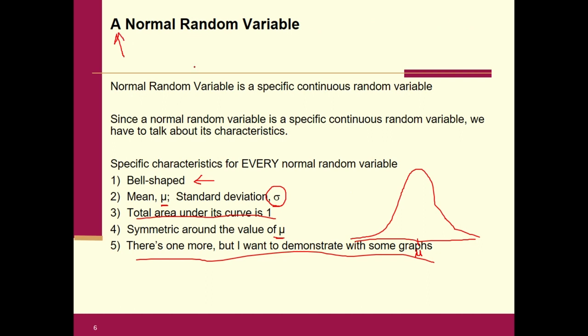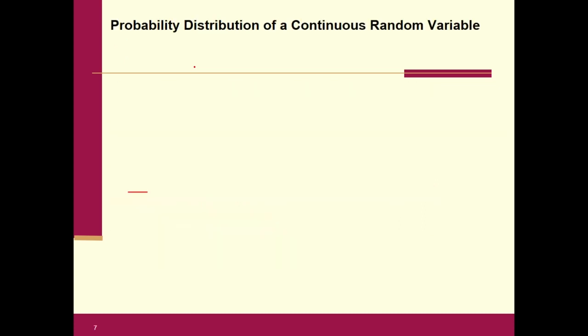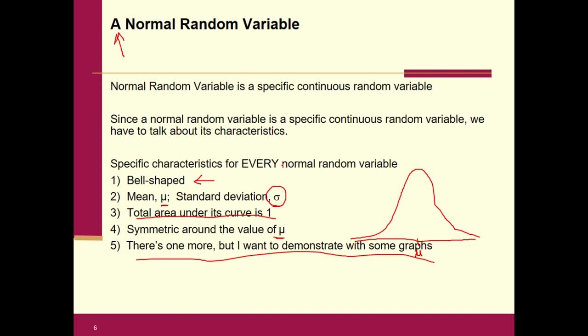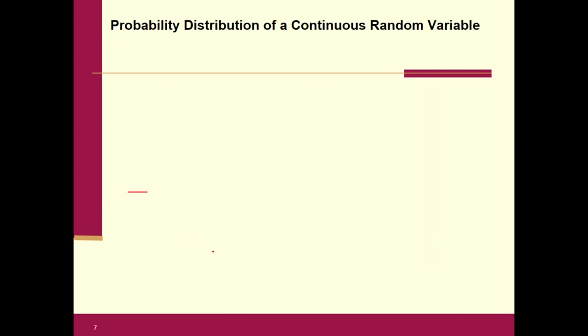What does that mean to you? Well, that's telling you that there's a whole lot of normal random variables, and there's one at every unique value of mu and every unique value of standard deviation, sigma. So every time mu or sigma changes, you get a different normal random variable, but they all have these same characteristics. They're all bell-shaped, they all have a mean mu, and so on and so forth. All right.